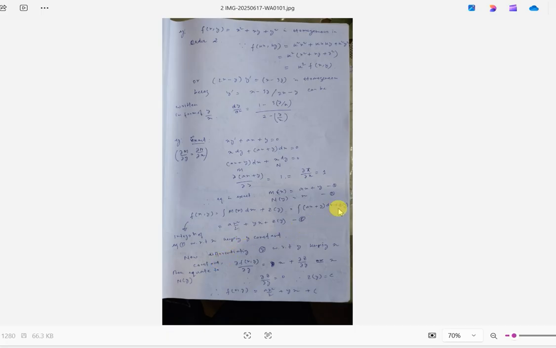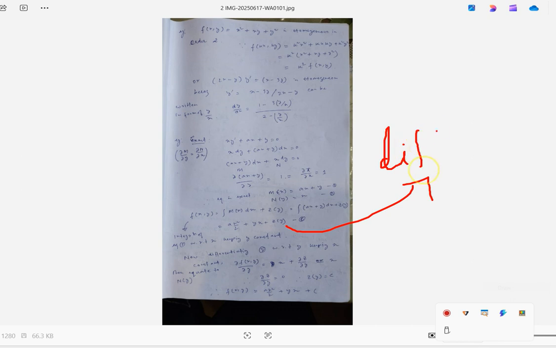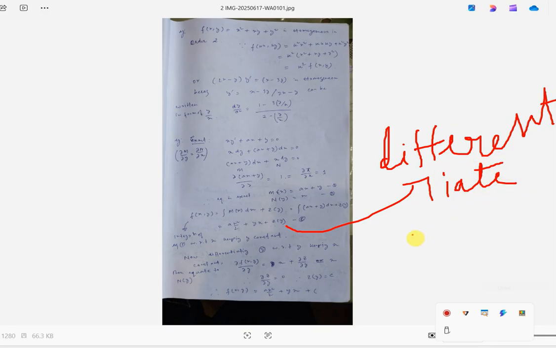Then we will differentiate this third equation with respect to y, keeping x constant.